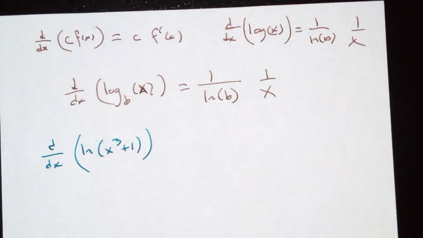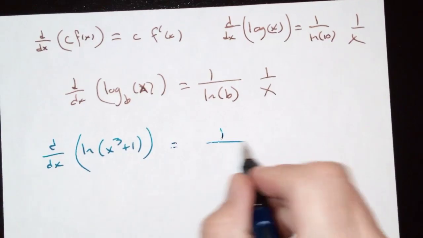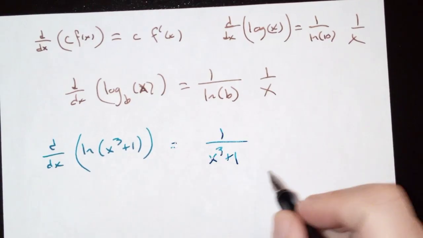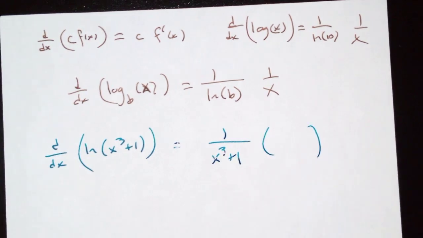This is ln of stuff, not ln of x. I'm going to treat it like the chain rule. The derivative of ln of x is 1 over x. So the derivative of ln of stuff is 1 over stuff. But wait, there's more. What goes in that set of parentheses?